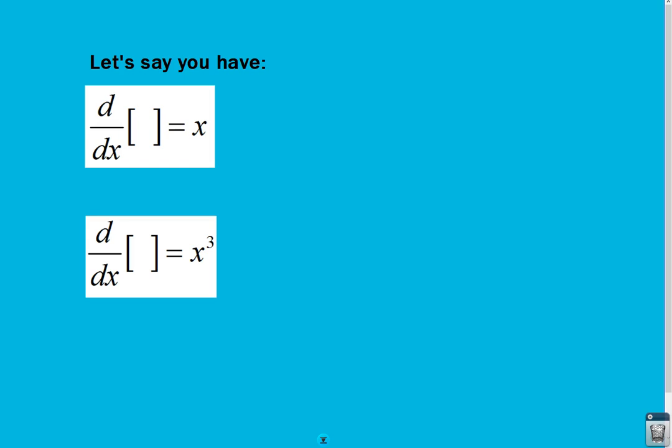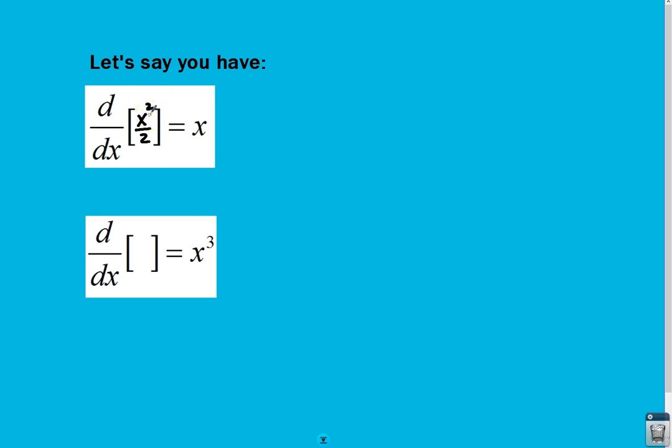Well, what do you think? That something could have been x squared over 2. Because if I take the derivative of x squared over 2, that's equal to x, right? So the antiderivative of x would be x squared over 2.